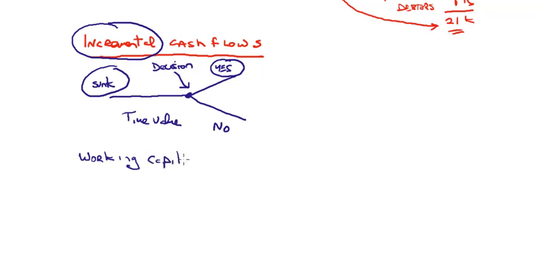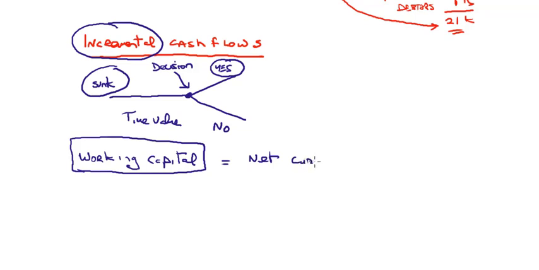In this example with Nevada Limited, we have to invest in working capital. Another term for working capital is net current assets, as you might remember. Net current assets are simply current assets minus current liabilities.